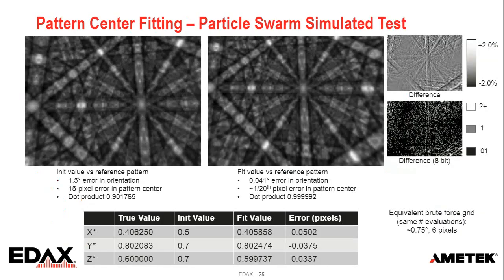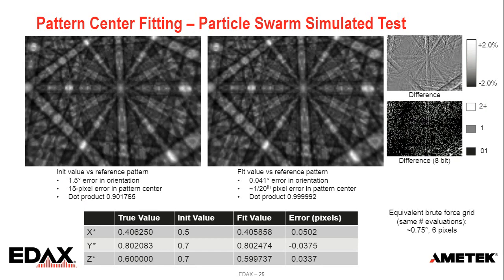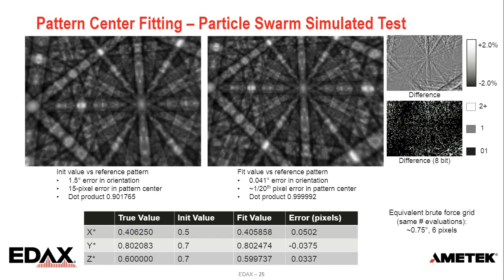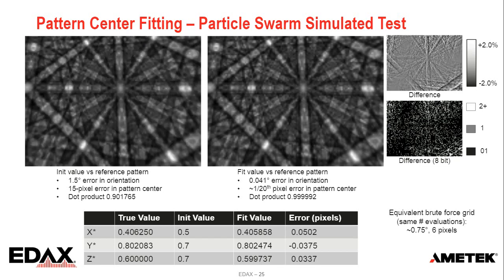On the left, it's flipping back and forth between the simulated pattern for the orientation and pattern center that I picked as the answer, because this is purely simulated, and the starting point. You can see how big of an error it is visually, that 1.5 degrees plus a 15-pixel pattern center shift.